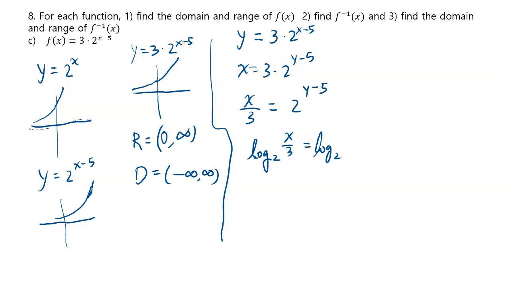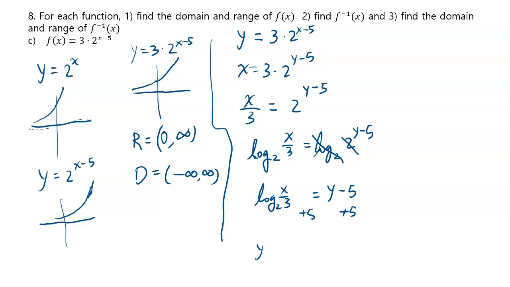If I apply log 2 to both sides, then over here we see that log 2 and 2 cancel. And the result is that you have y minus 5 equals log 2 of x over 3. And then you add 5 to both sides.